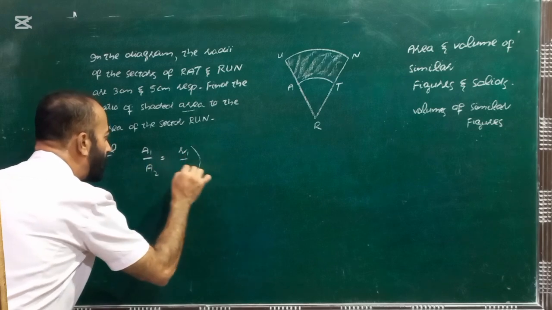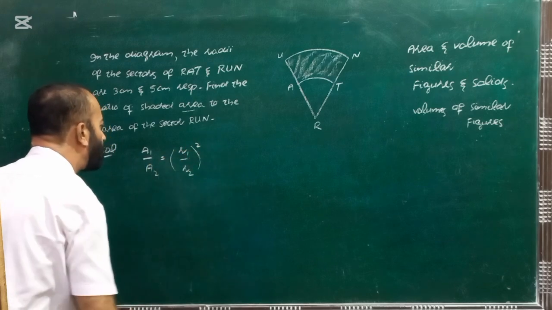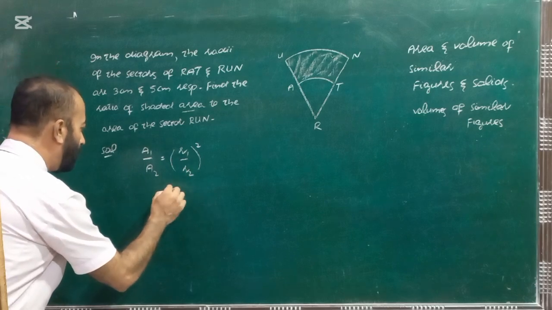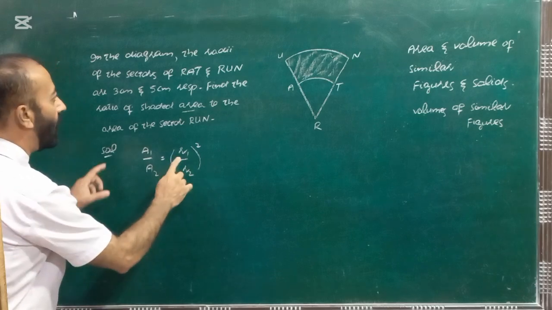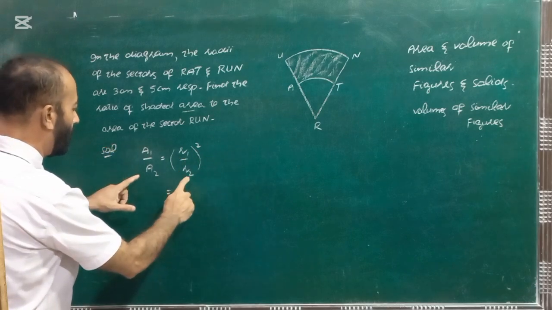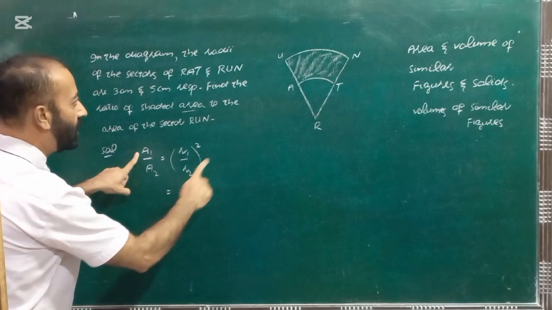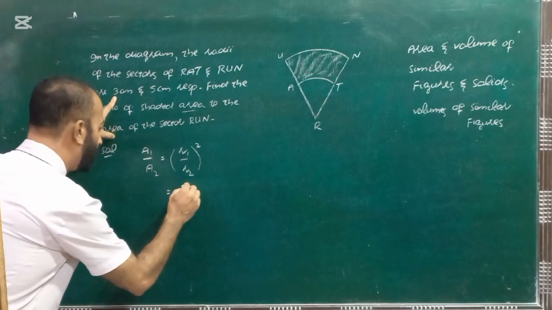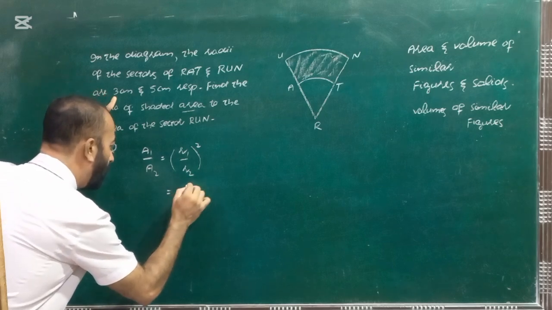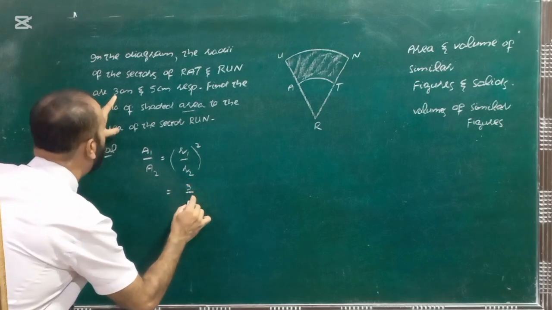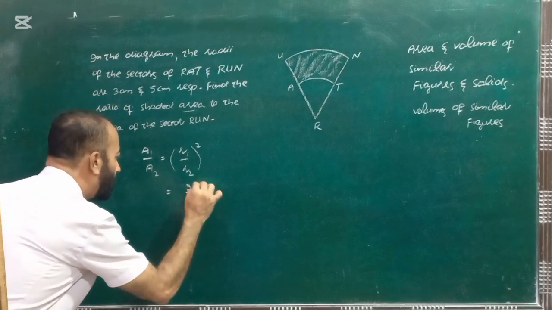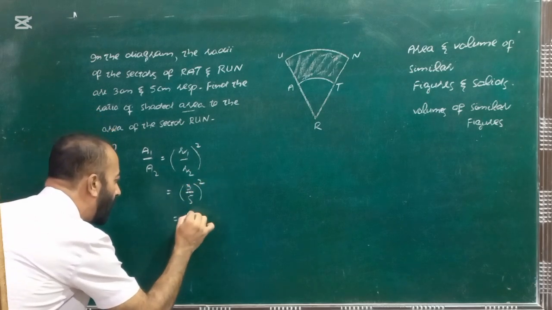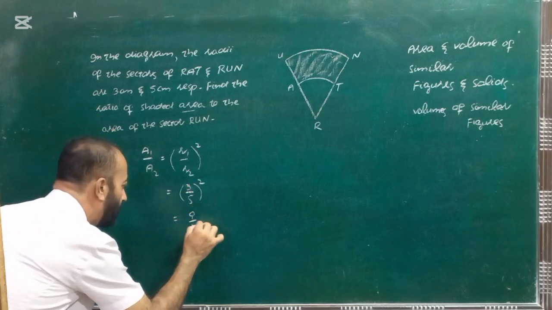Because of the areas, squares will be taken. So putting values of the radii into the formula. So R1 is smaller and R2 is bigger, and A1 is smaller and A2 is bigger. So 3 over 5 square. From here taking square, 9 over 25.